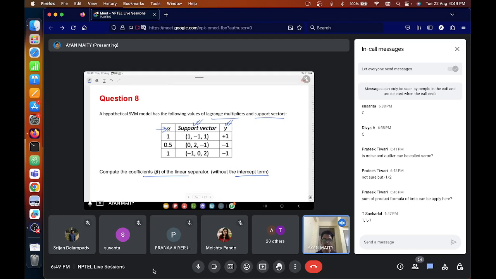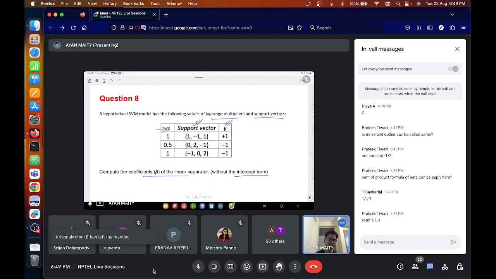Has anyone else computed this? Pratik says 1 1 minus 1.